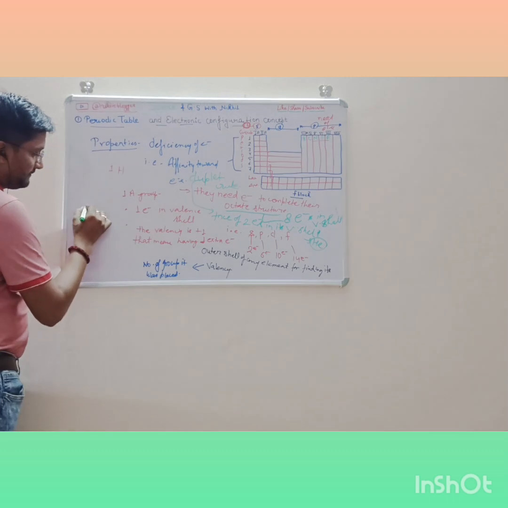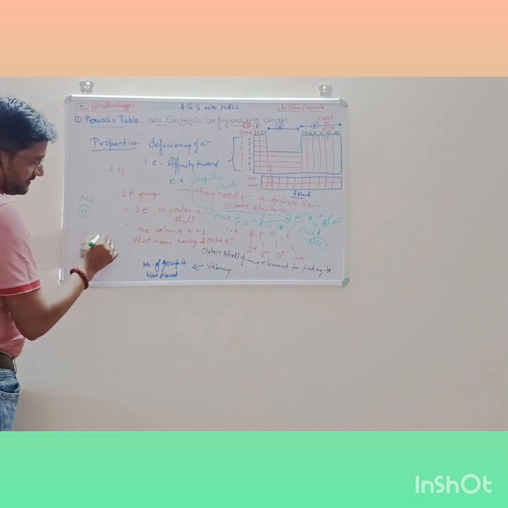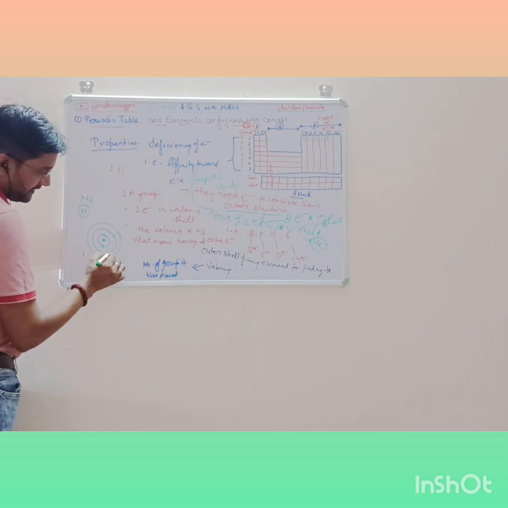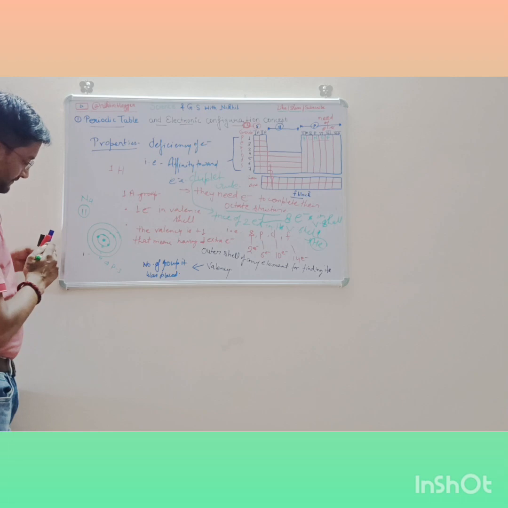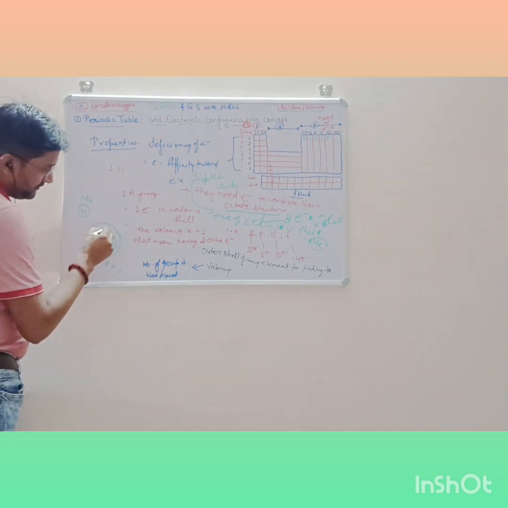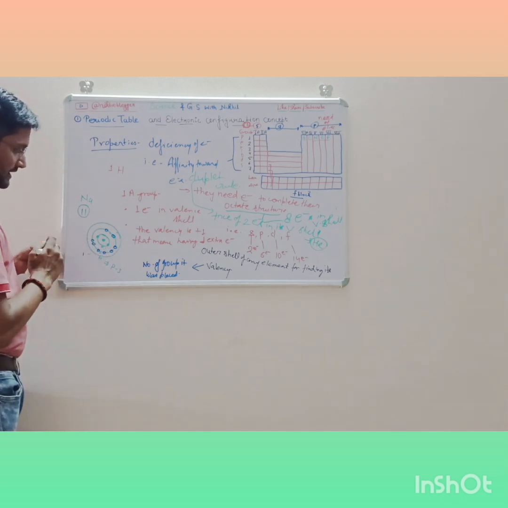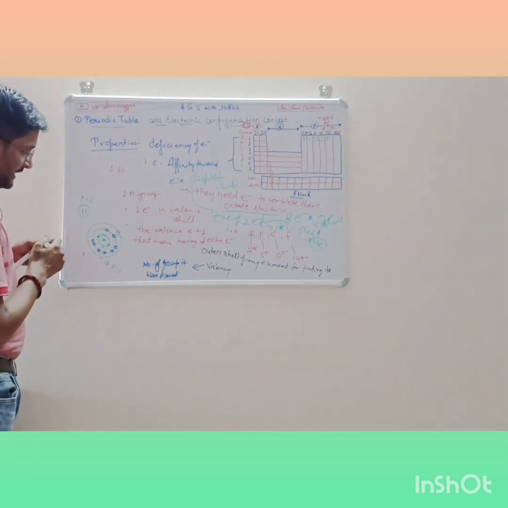And when we are placing nucleus over here, the shells will be formed. 3 shells, that means K, L, M. It means period number 3, okay? 2 electrons in the inner shell, then 8 electrons in the second shell, and 1 electron in the outermost shell.